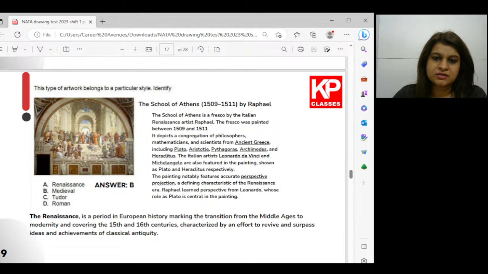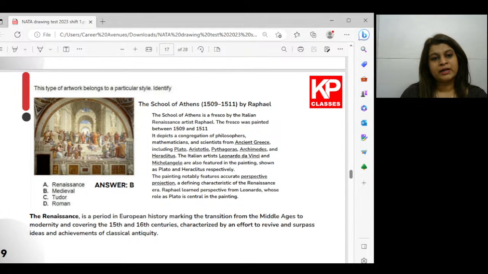The Italian artists Leonardo da Vinci and Michelangelo are also featured in this painting, shown as Plato and Heraclitus respectively. The painting notably features accurate perspective projection, a defining characteristic of the Renaissance era. Raphael learned perspective from Leonardo, whose role as Plato is central in the painting.